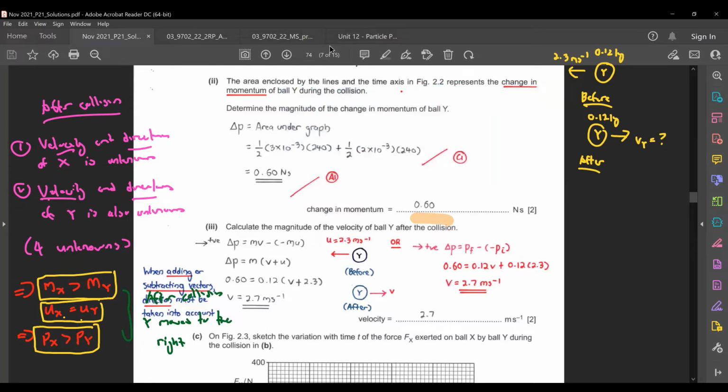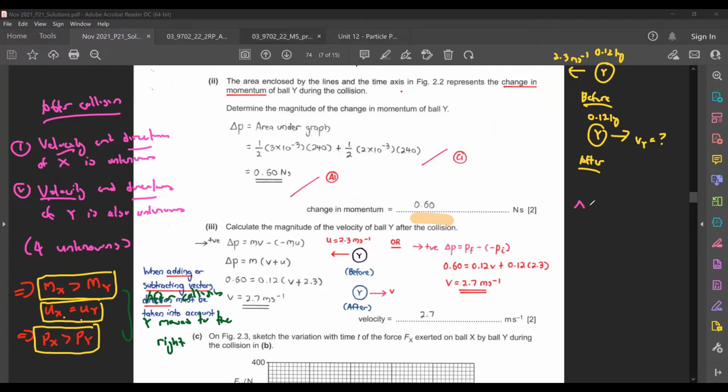Now, here is one thing where you need to be careful. Change in momentum can be final momentum minus initial momentum, or initial momentum minus final momentum. Either one doesn't matter. You can take either one.